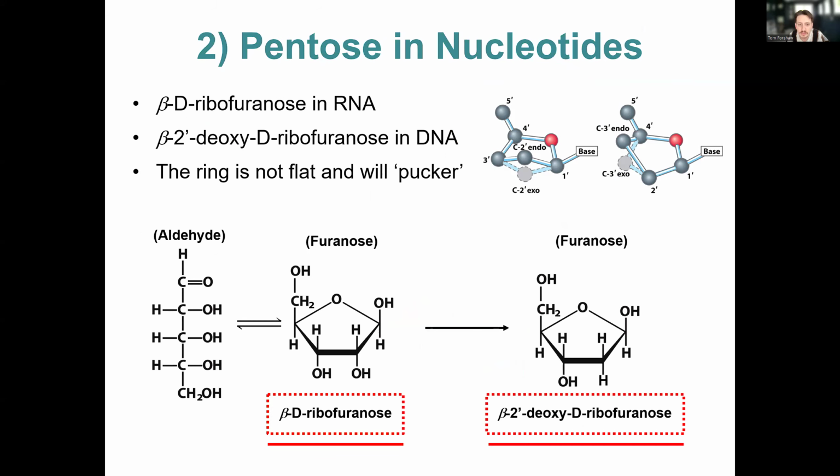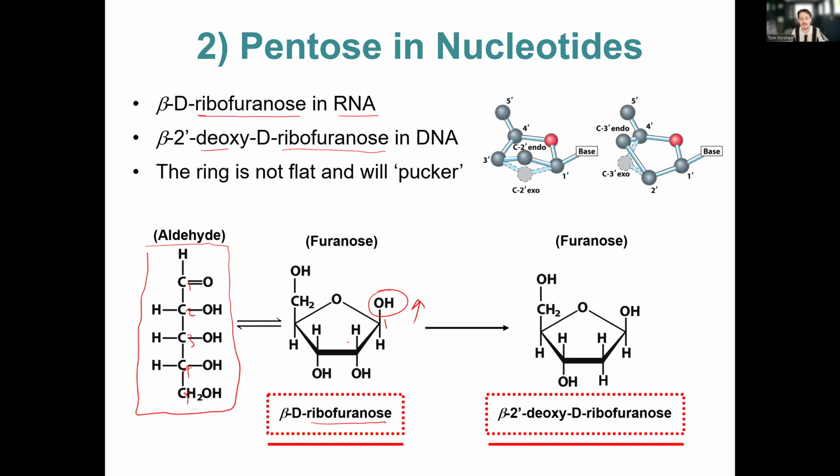Now, the pentose sugar is either ribofuranose in RNA or deoxyribofuranose, so it's been modified. It's an aldehyde sugar, with carbon number 1, 2, 3, 4, 5, which is going to cyclize to make ribofuranose, or beta, because the OH group of the anomeric carbon is pointing upwards.